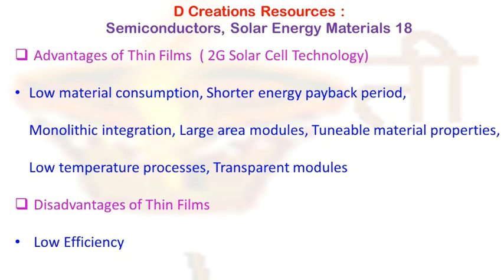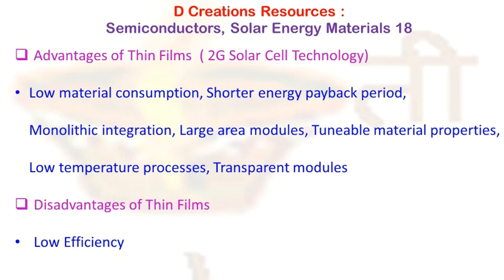The next advantage is tunable material properties. The optical and electrical properties of thin films depend on the structure and the composition of the films. For most of the thin film technologies, both these parameters can be controlled at the time of deposition by controlling the deposition parameters.